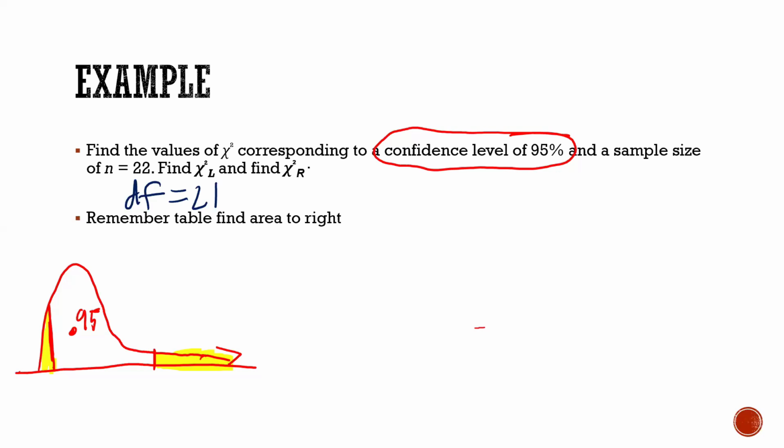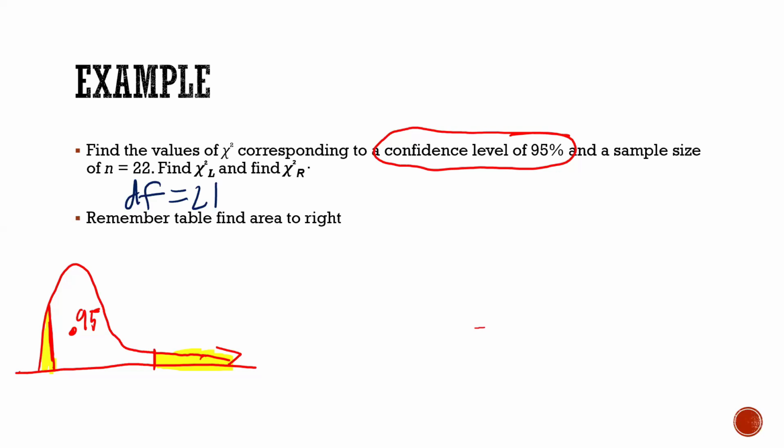That's just what's always going to happen if you have a skewed distribution. Okay. So I have 95% or 0.95 in the middle, right? What then is in each tail?